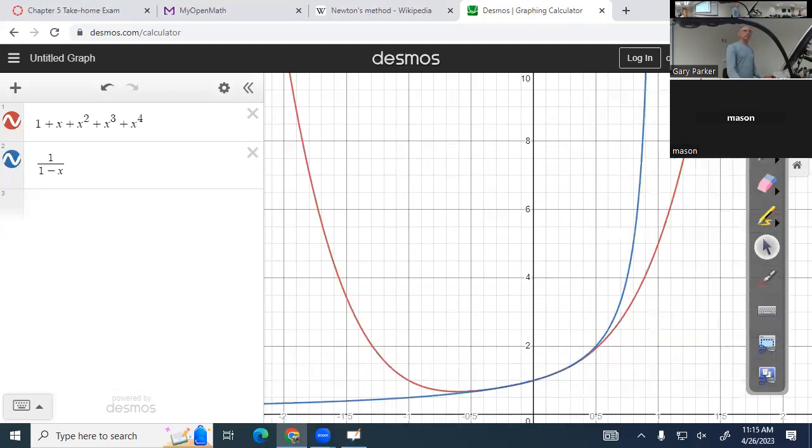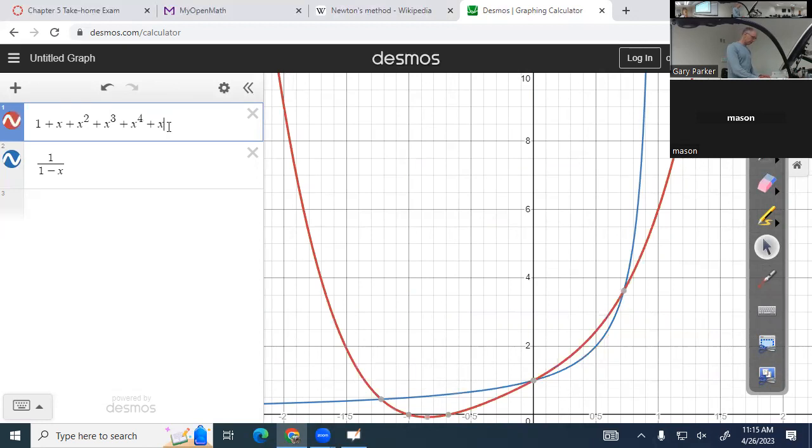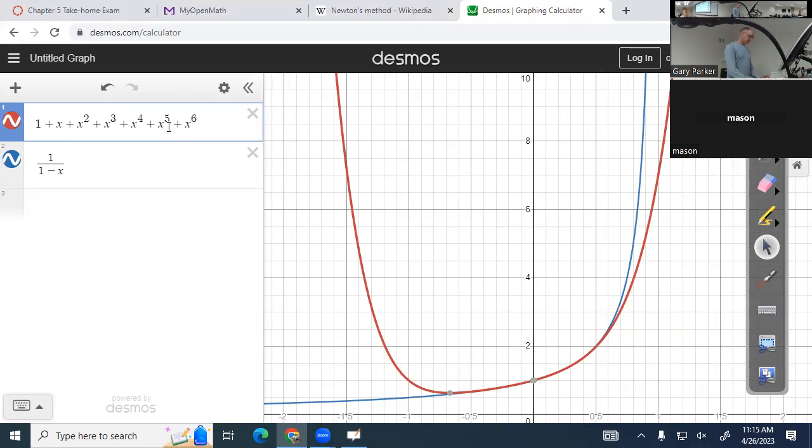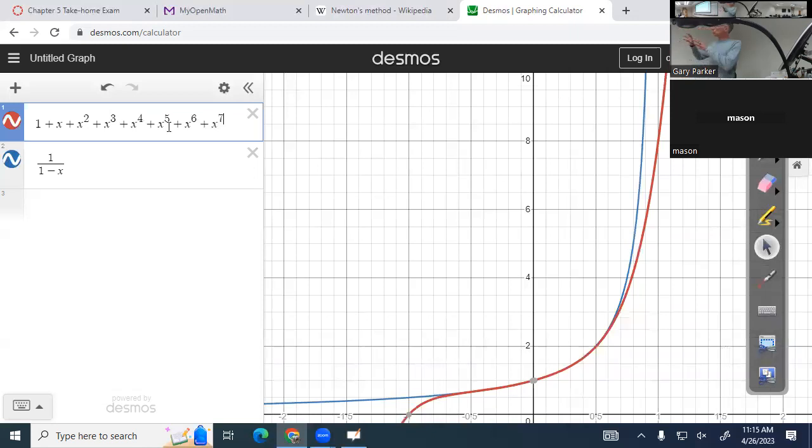That's better. If I want them tighter, I just add another term in the series, x to the 5th power, plus x to the 6th power, plus x to the 7th power. So the more terms I add, the farther I take this partial sum out, the closer this polynomial gets to matching the shape of this rational function.